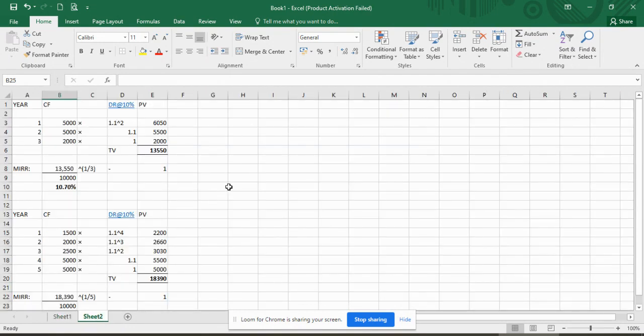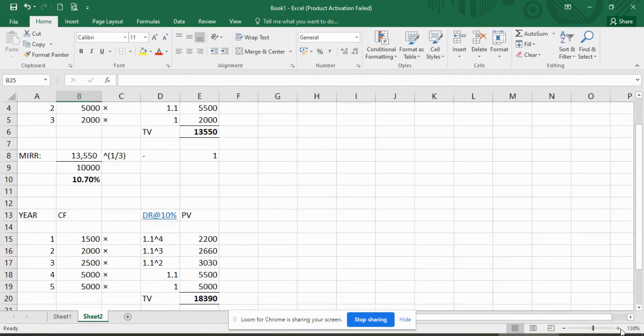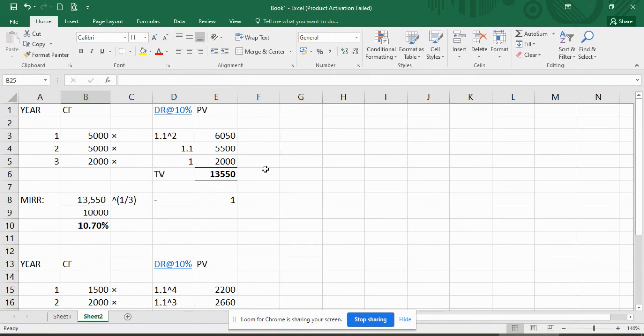All right, so let's move on to applying the same question, calculating MIRR. Let's see an example using the example here. Class, one of the important things you need to find out in this MIRR is the terminal value, because the rest of the things are already given in the question.